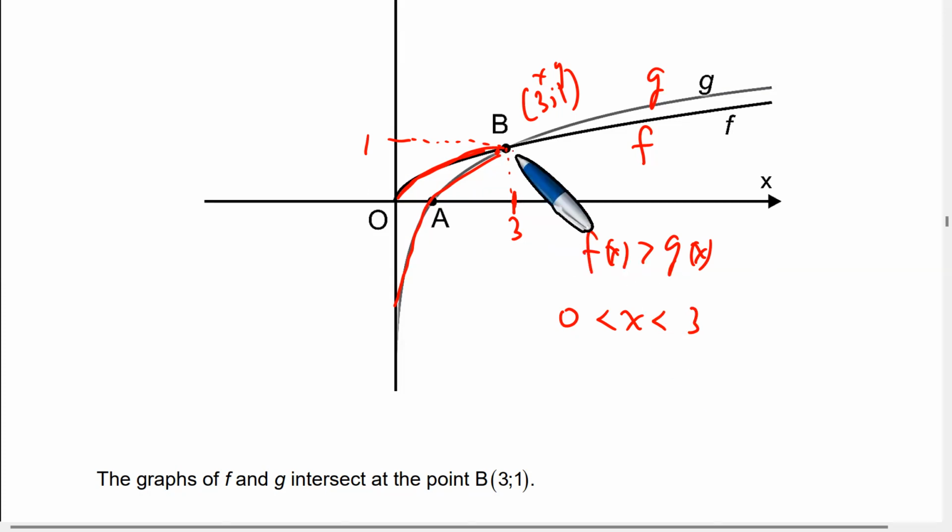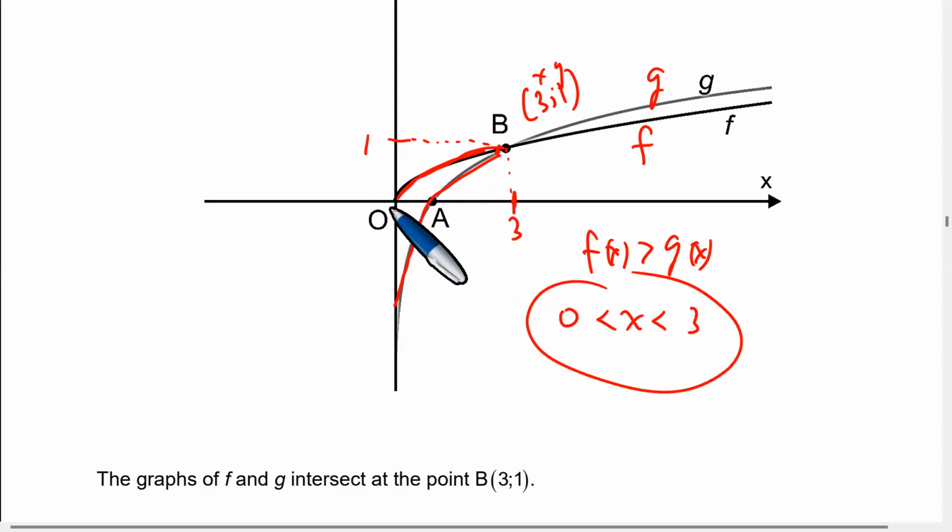At x equal to 3, they're equal. But at x equals 0, the function f is indeed above. So the answer is between 0 and 3, because between 0 and 3 the function f is above and g is below.